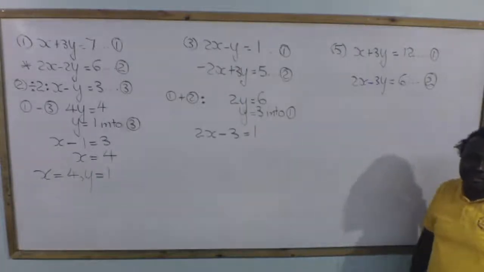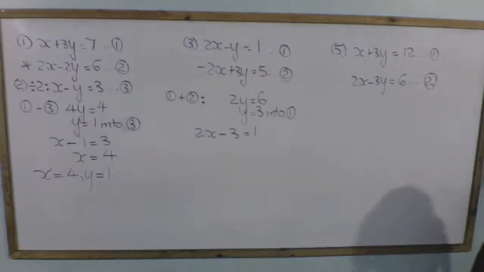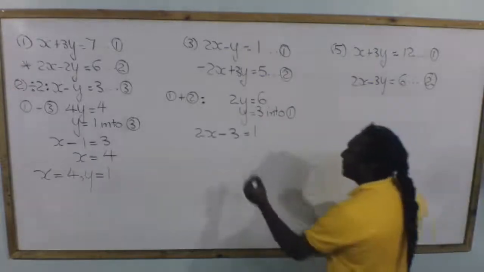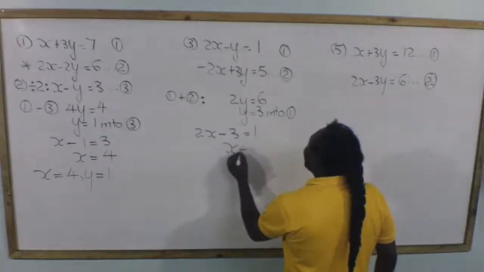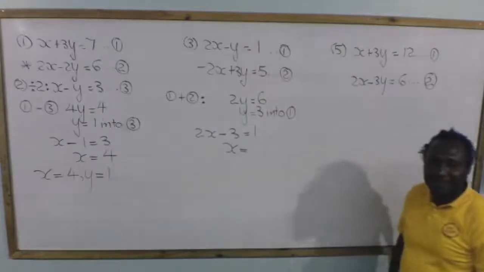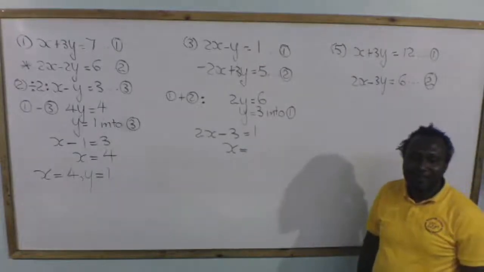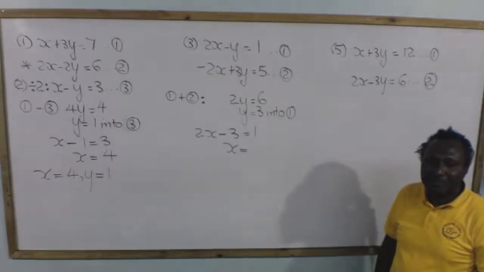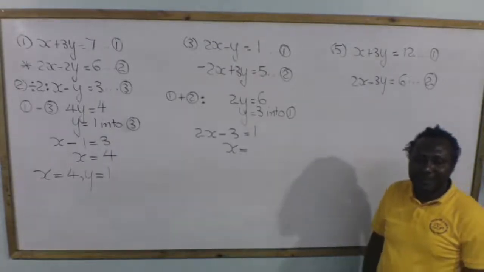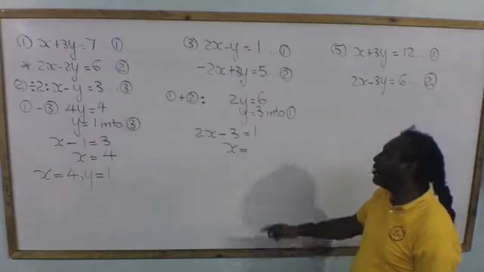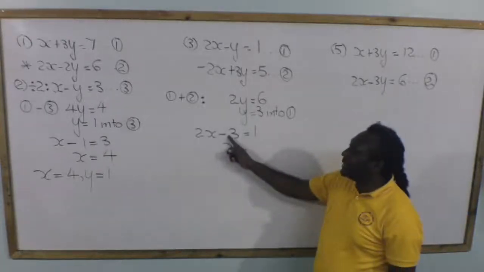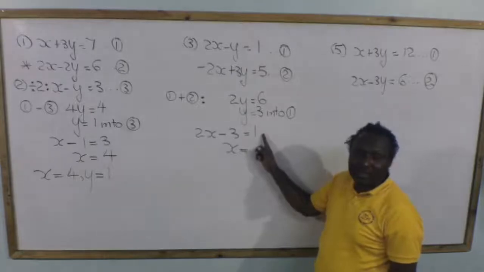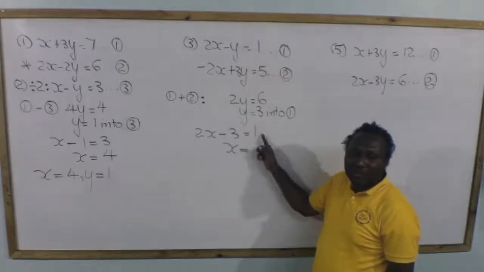So what do we say in addition to that? Right. So x is equal to, we're going to eliminate this negative 3 by addition, so we'll get plus 3.